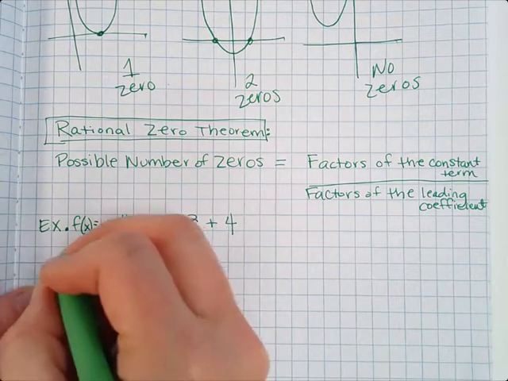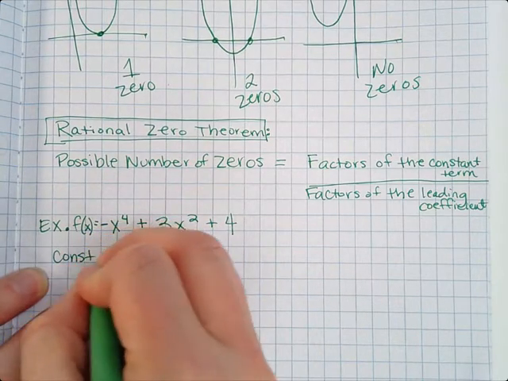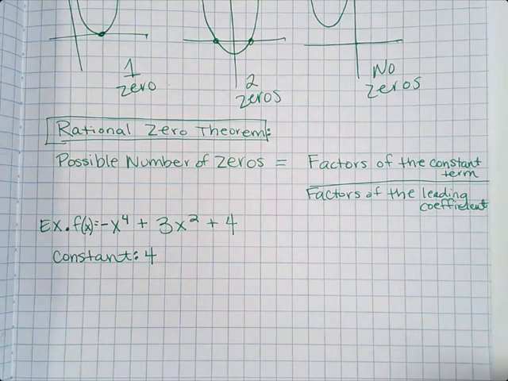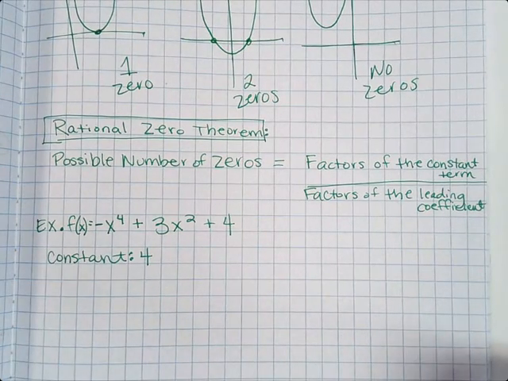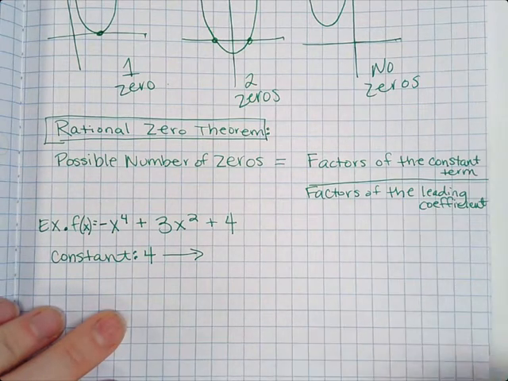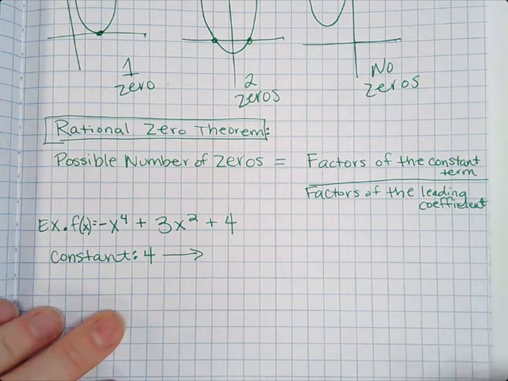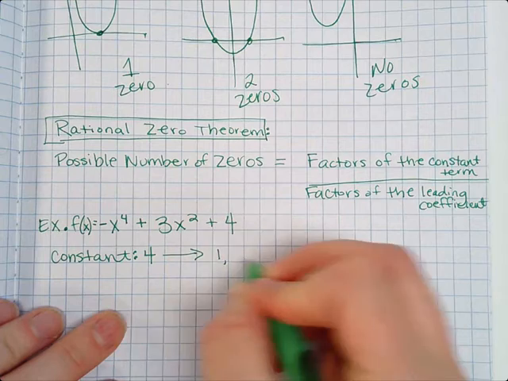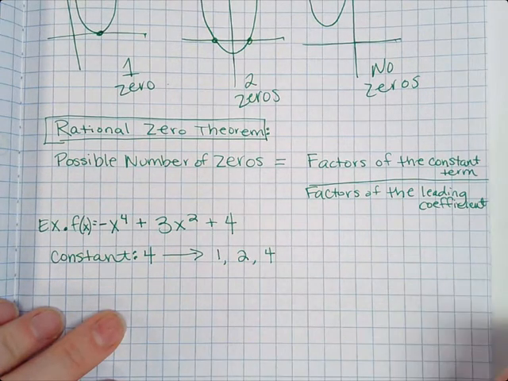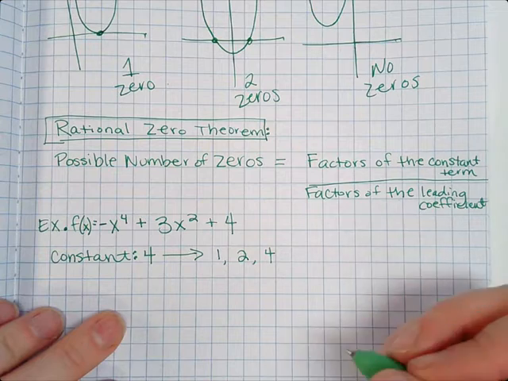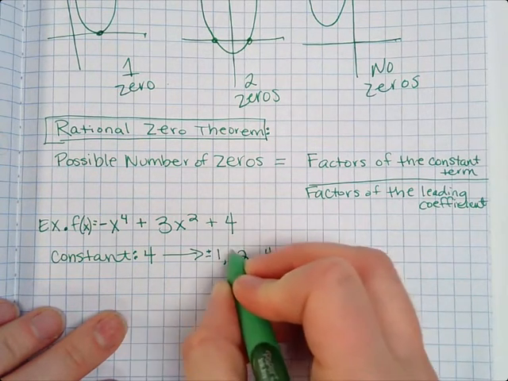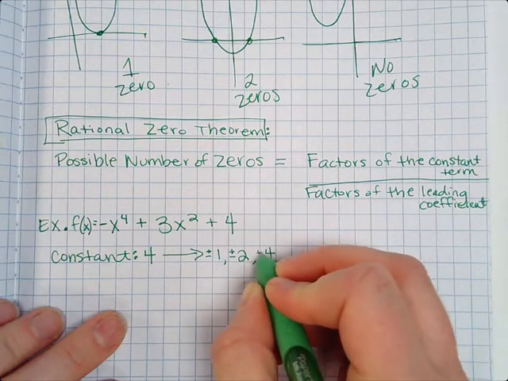So our constant term is the 4. And so we need to list out our factors of 4, positive and negative. So we know 1, 2, and 4. But since we want positive and negative, we can list these as positive negative 1, positive negative 2, positive negative 4.